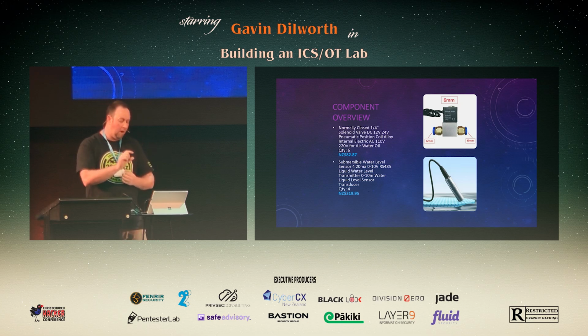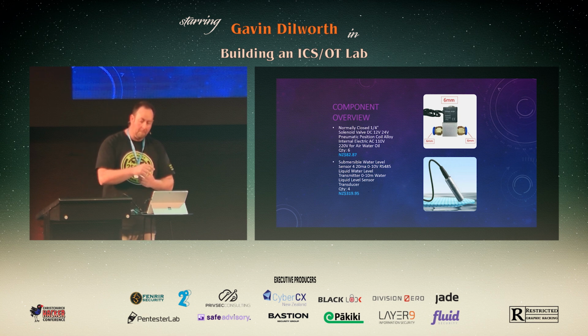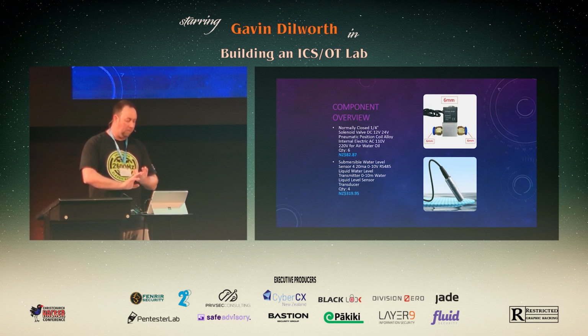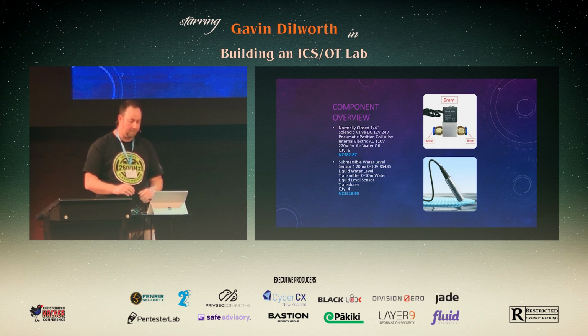So that was one of the hardest things to spec, and took numerous amounts of planning to get right. People have made their own water level transmitters, but they generally can be quite expensive, even if you DIY it. So this is what I went with, because it's sort of fit for purpose, but not quite, but good enough.